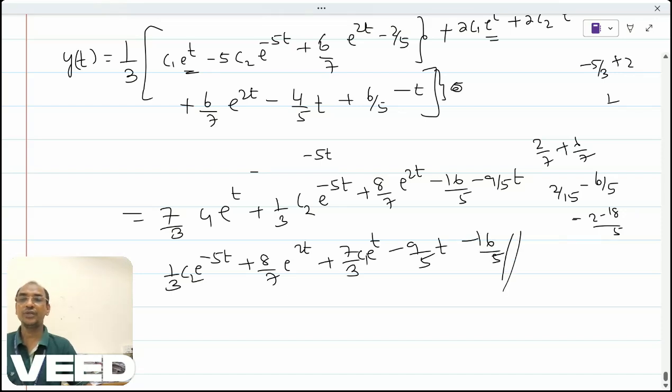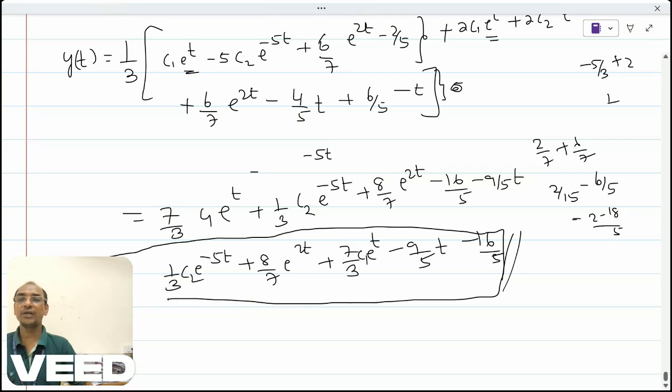So if you put these values in the given equation, definitely it will satisfy. If it is not satisfying, then it will not be called a solution. So like this we can solve the system of differential equations.